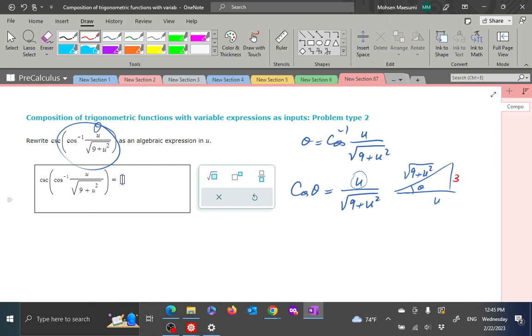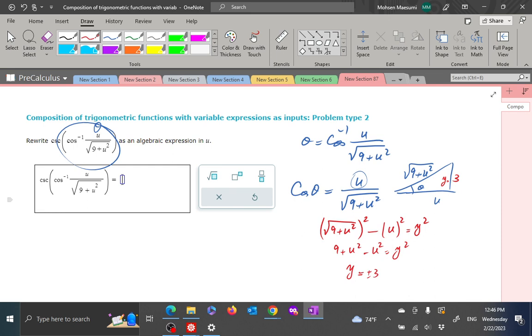Of course I square the hypotenuse minus square this. Let's call this thing y. That has to be y squared. Well, this is 9 plus u squared minus u squared is equal to y squared. So y, if it is supposed to be positive, will be 3.